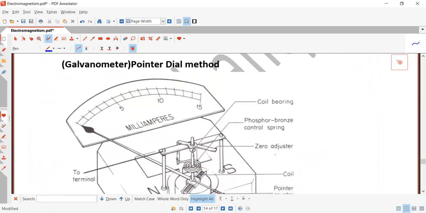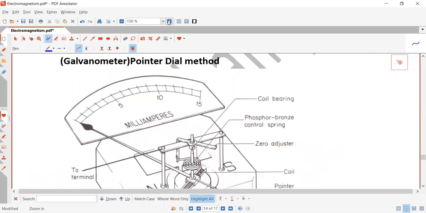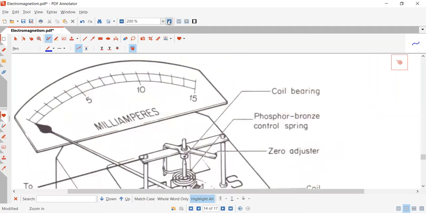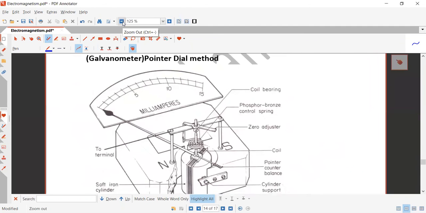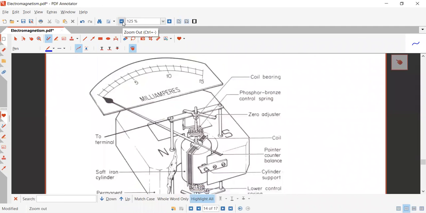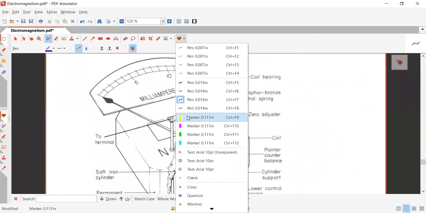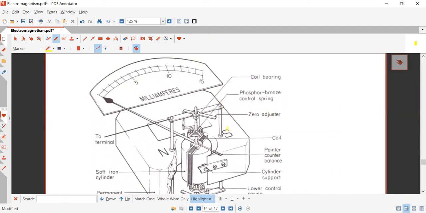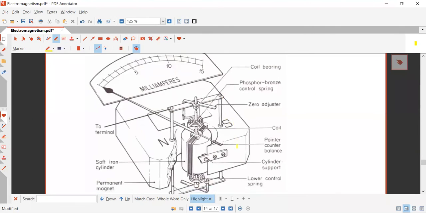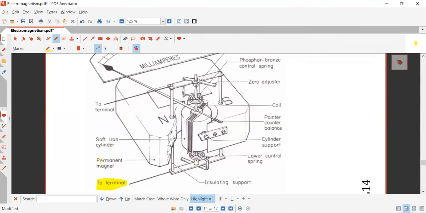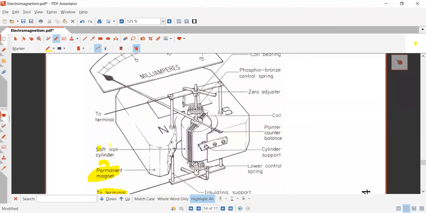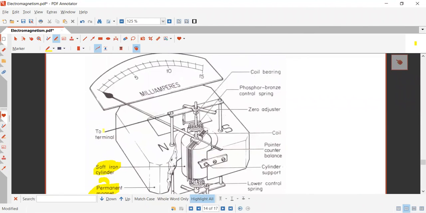The second method, students, is this pointer dial method. We must have a moving coil, and let me tell you, this is a more advanced diagram. All of the labelings are not needed for you. This is a terminal to which the current enters. Here is a permanent magnet, okay. Soft iron cylinder, and forget about this.